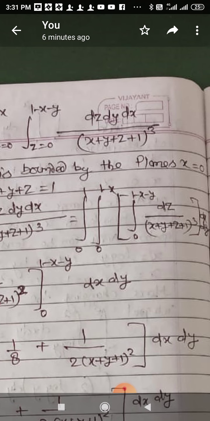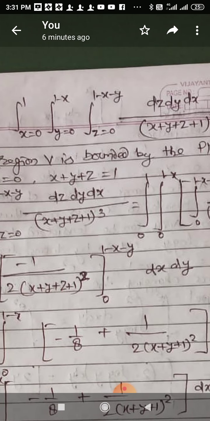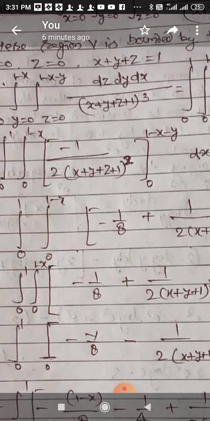This expression will be integrated with respect to y. After integrating with respect to y and putting the upper and lower limits, you get some expression, and then at the last that expression will be integrated with respect to x, and this will be the final answer of this equation.